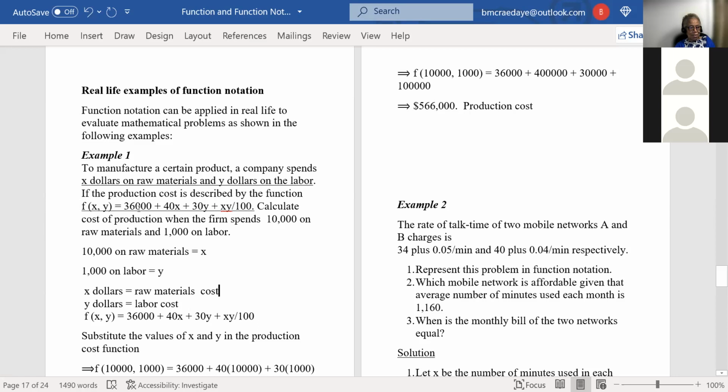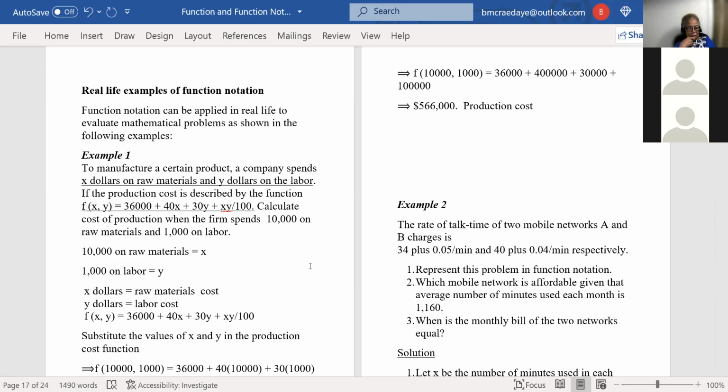That was given in the problem. So the 36,000 is a constant plus 40 times the raw material cost plus 30 times the labor cost plus the product of raw materials times labor divided by 100. Got it?